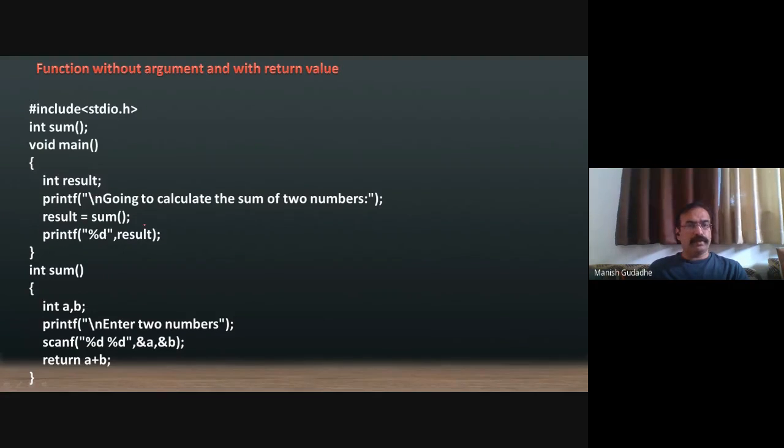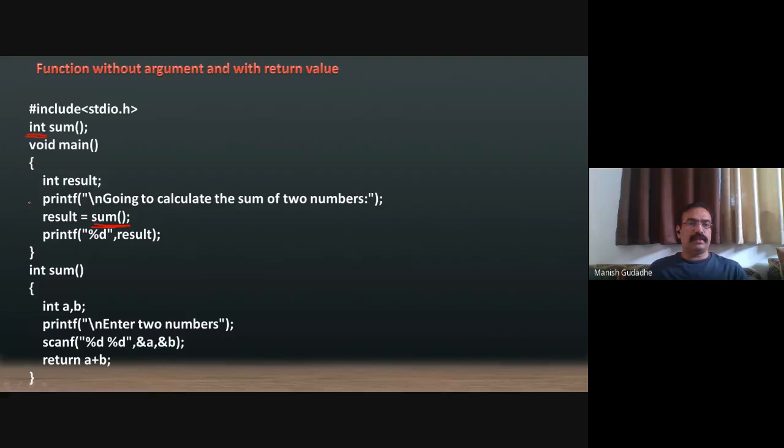You can see here we have not passed any argument, but sum is called. When I define sum, it has a return type. The return type of sum is integer. That means sum is going to return some integer value to the calling function. It is going to give something back. So if it is giving something back, we need to have a collecting container for it.